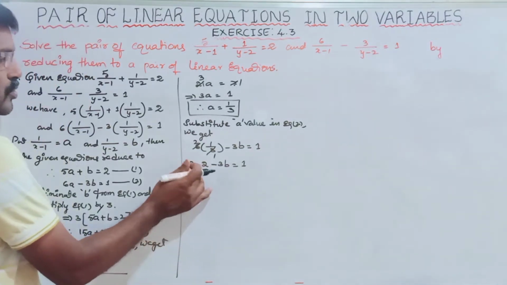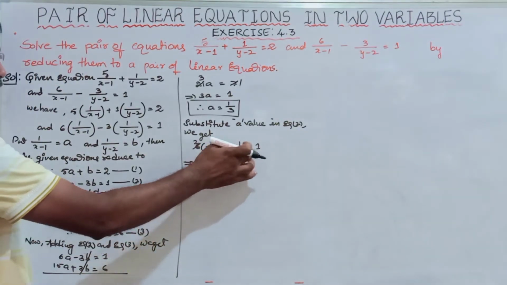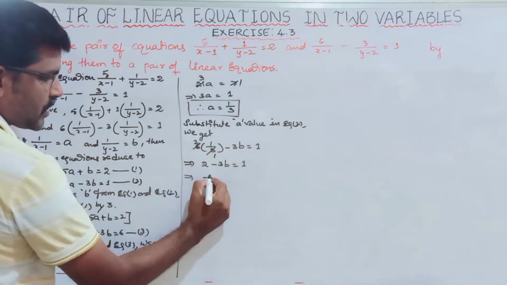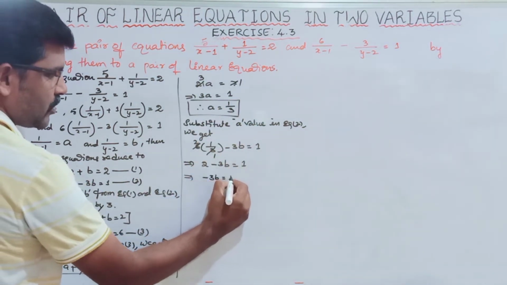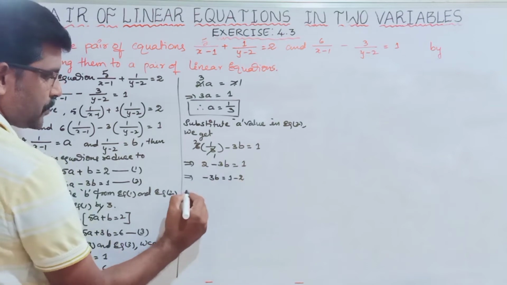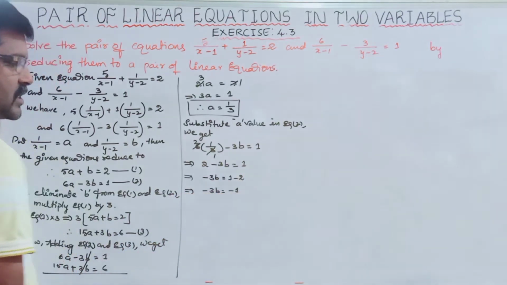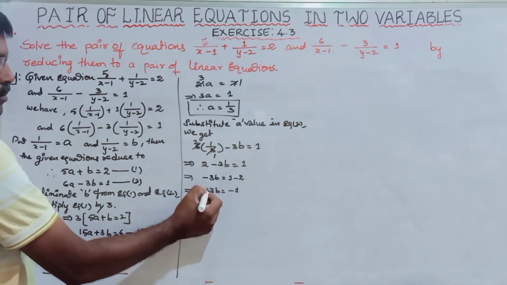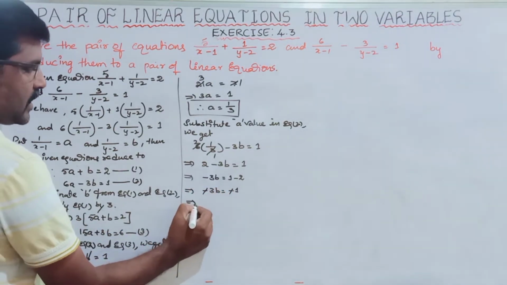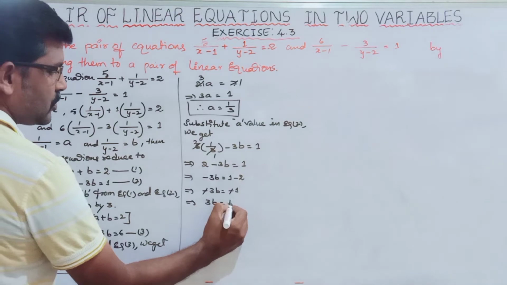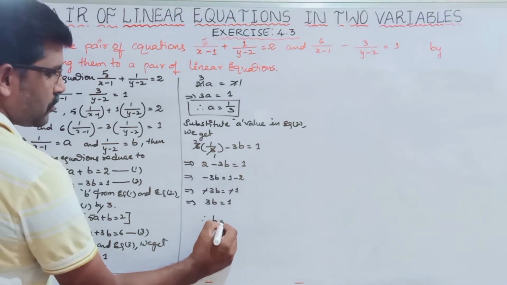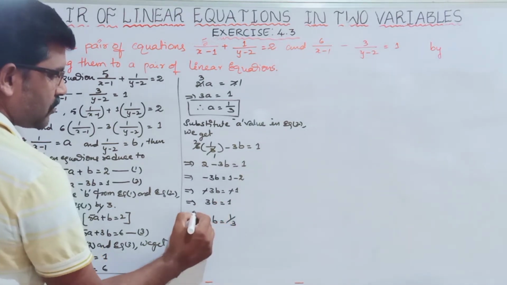Here 2 is transposed to the RHS: minus 3b is equal to 1 minus 2. It implies minus 3b is equal to minus 1. On both sides, minus minus gets cancelled. 3b is equal to 1. Therefore, b is equal to 1 by 3.